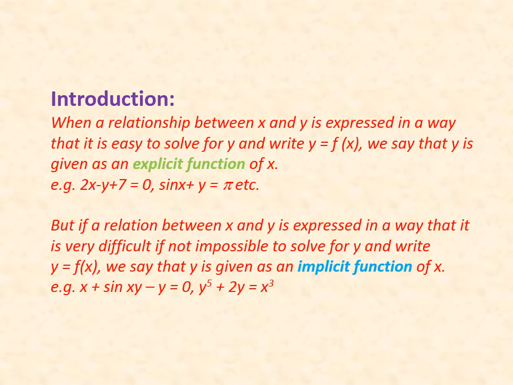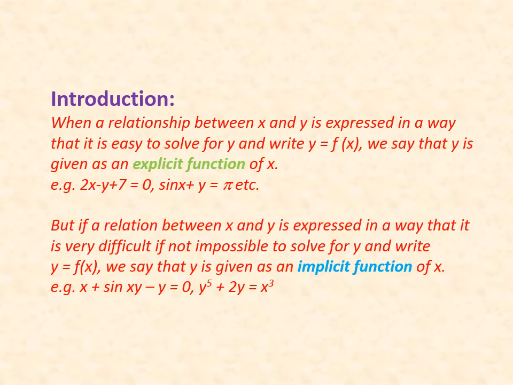Now just the converse. If a relation between x and y is expressed in a way that it is very difficult, if not impossible, to solve for y, clear? Then we say that it is an implicit function of x. For example, I have taken x plus sine xy minus y equals 0.